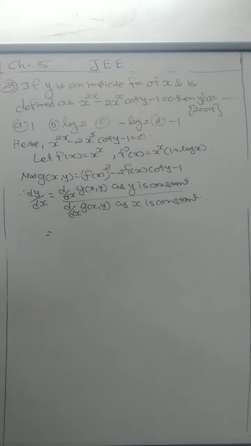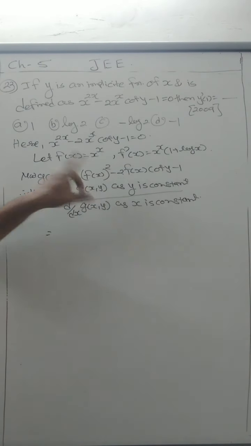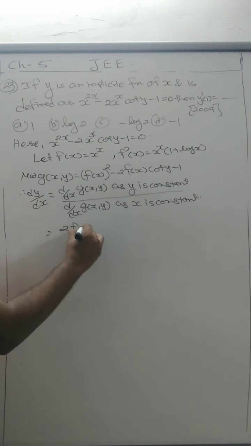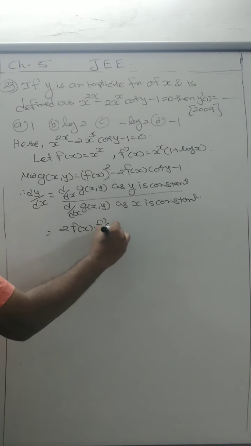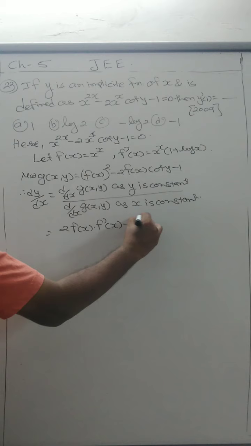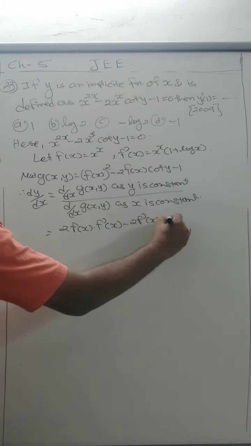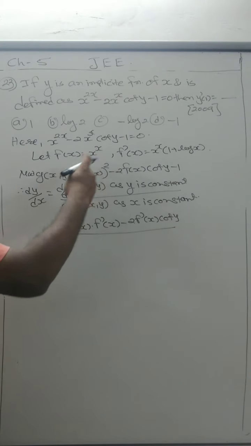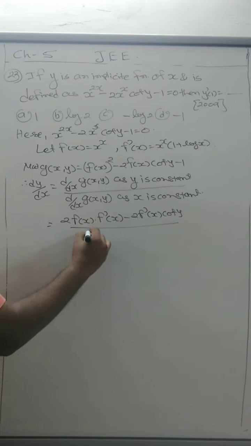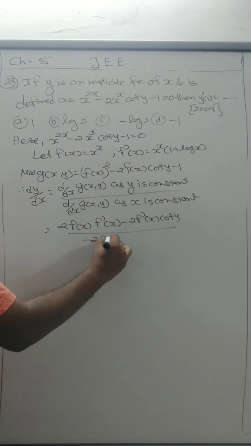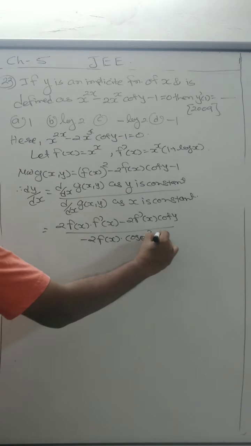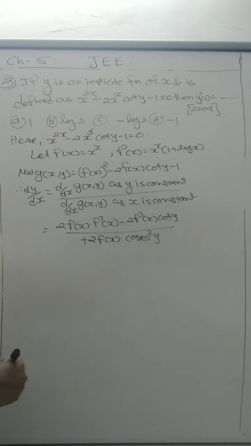So here when y is constant and we differentiate this function, then 2f(x) into f'(x) minus 2f'(x) cot y upon, as this is constant and this becomes 0, minus 2f(x) into cosec squared y. Okay, or this becomes plus.